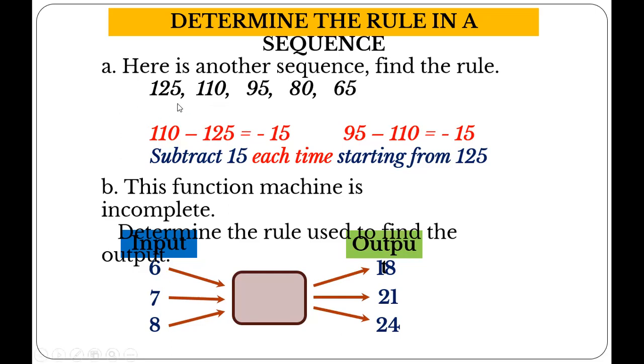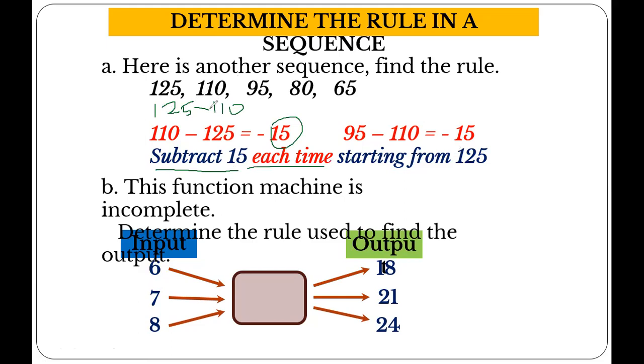Or you can say 125 minus 110, so it will be 15. Then you check, is it increasing or decreasing? It's decreasing. Therefore, we are going to subtract 15 each time, starting from 125.